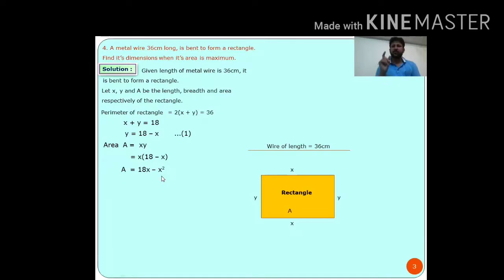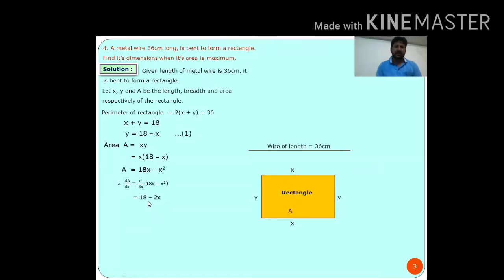Differentiating with respect to x, dA by dx is equal to the derivative of 18x minus x square. Taking the derivative of each term separately: derivative of 18x is 18, derivative of x square is 2x. So dA by dx is 18 minus 2x.